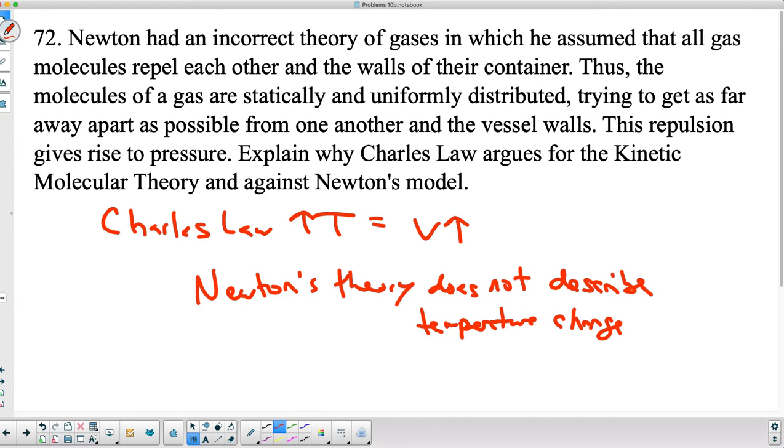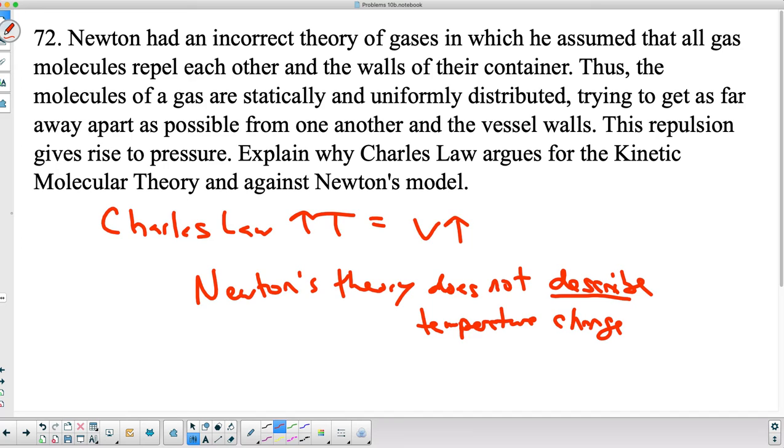Newton's theory does not describe temperature change within the theory itself. So that would be a major failing of Newton's theory.